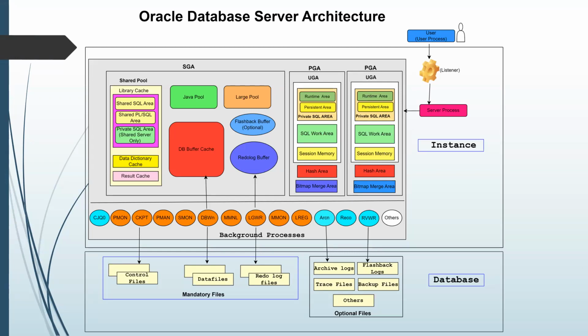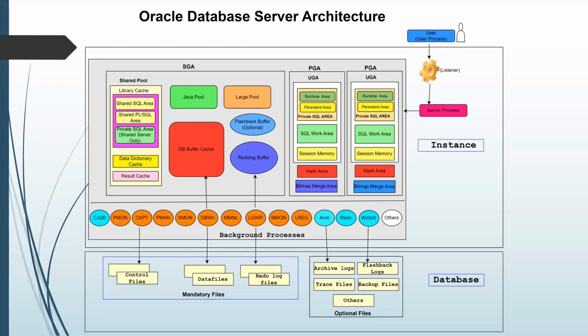Again, as a DBA, we don't try to control much about that unless there are specific issues related to it. We normally don't see issues with it. But if you do face issues, then you go and check the hash area or bitmap merge area. Otherwise, they get addressed by themselves.